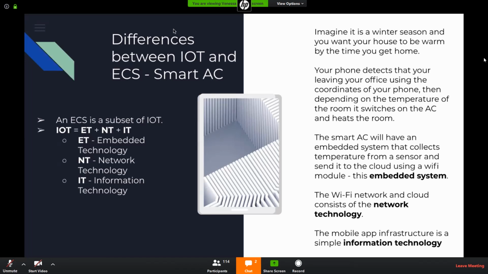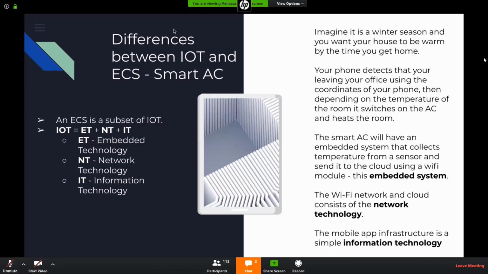As the lecturer also explained earlier, embedded systems have some form of network topologies. So by saying a smart AC, someone will just completely think an IoT device.